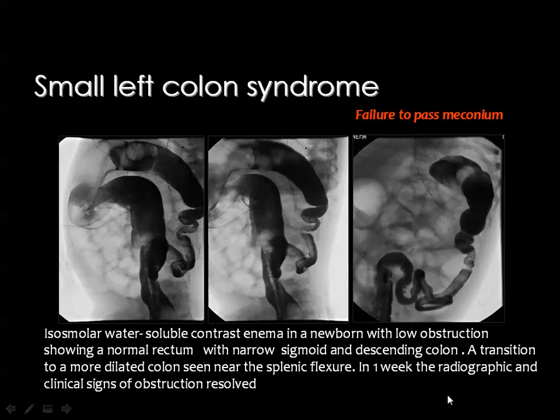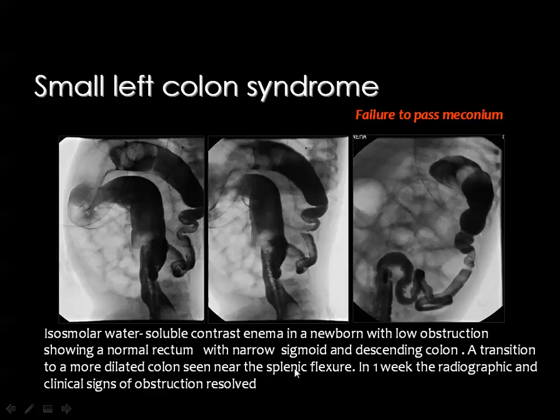Then you came to what's known as small left colon syndrome. Small left colon syndrome means that the segment of the colon, usually the rectosigmoid colon, is small, while the rest of the colon looks within normal or slightly distended.